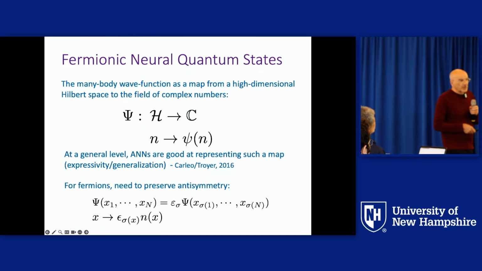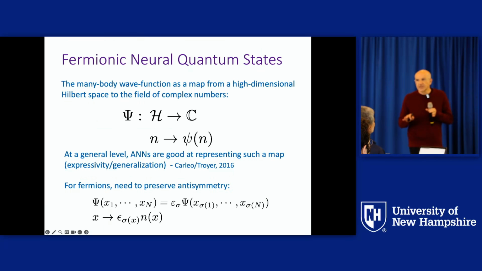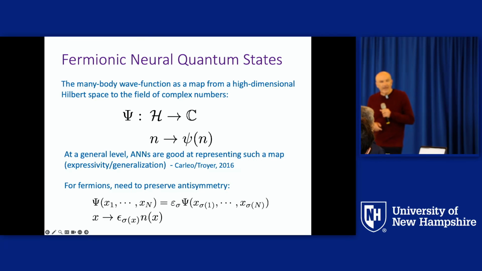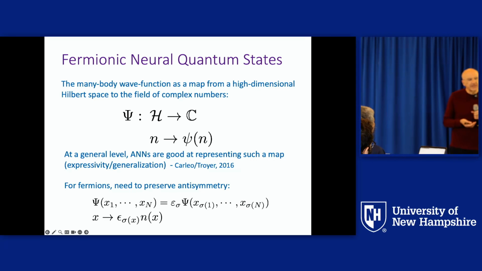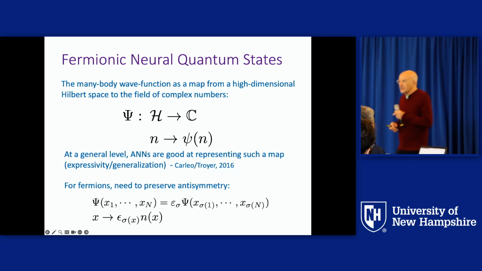Okay, so a few things about neural quantum states, very general things. Everybody in the audience more or less knows that, I think. The general idea is that we can view the wave function of a many-body quantum system as a map between a very large dimensional Hilbert space and just the field of complex numbers.